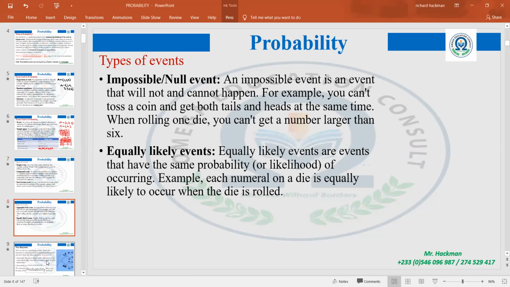So quickly, let's look at that one too. Impossible or null events. Once you know the definition for certain or sure, you should know that of the null or impossible. It's just the opposite. An impossible event is an event that will not and cannot happen. As simple as that. If I roll a die, is it possible for me to get a 7?